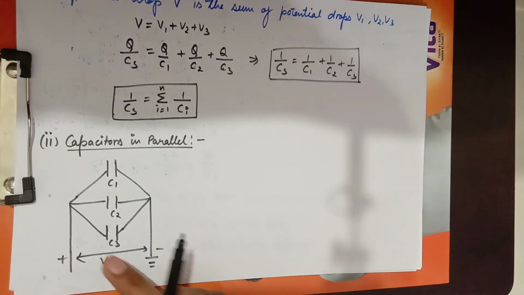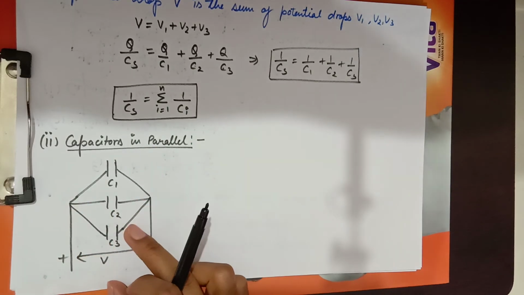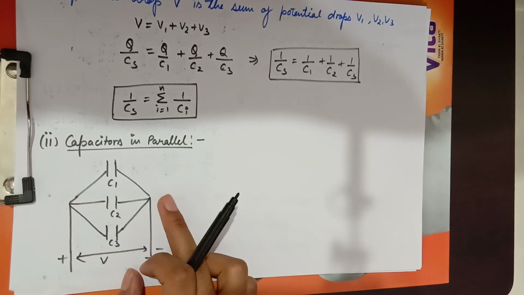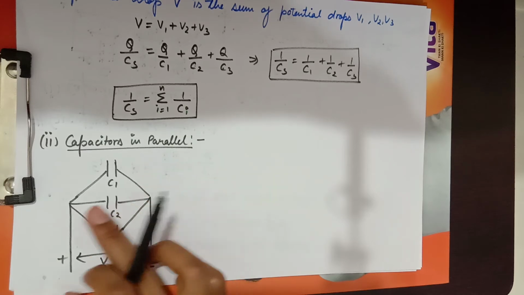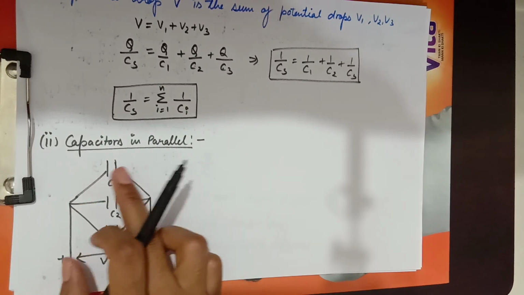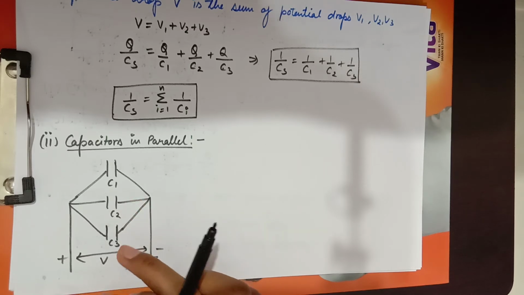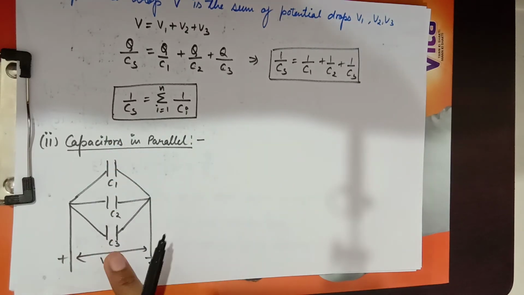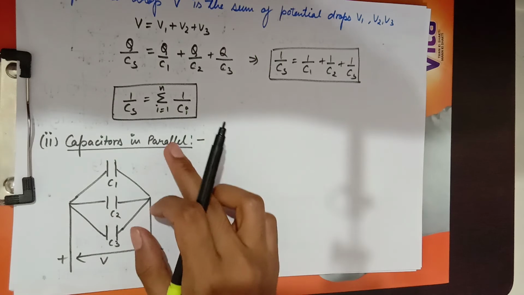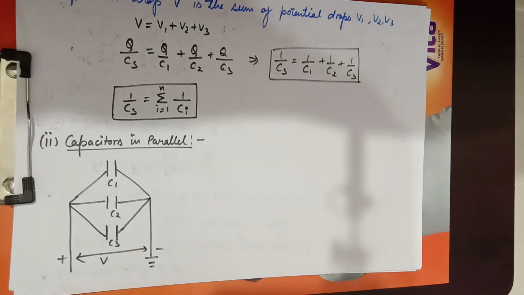You can see from the figure that these 3 capacitors are connected between these 2 points. So the potential difference between the 2 plates of capacitor C1 will be equal to that of C2, and in the third case it will be similar. Means the potential difference in any case will be V only.